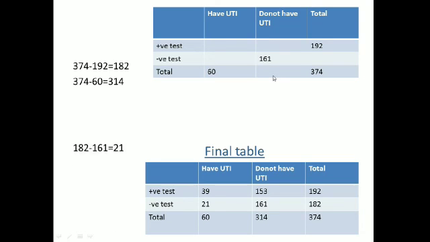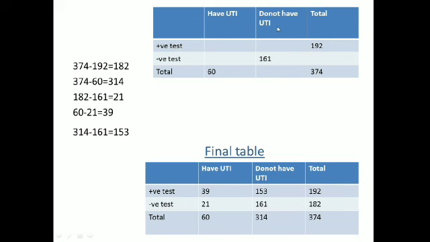Okay, and again 182 minus 161 will give this value, and 60 minus 21 will give this value, and 314 minus 161 will give this value. So we have got all the values for the table, right?